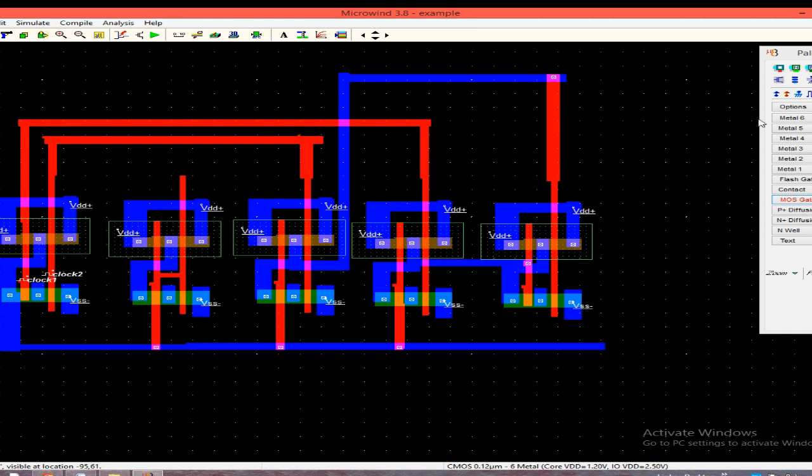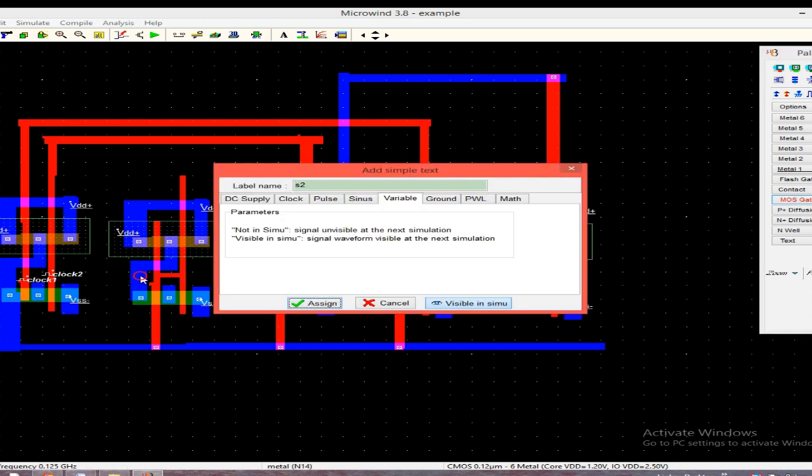So for the carry portion, I have to take the output portion, and I can align it here. So I will write it carry.